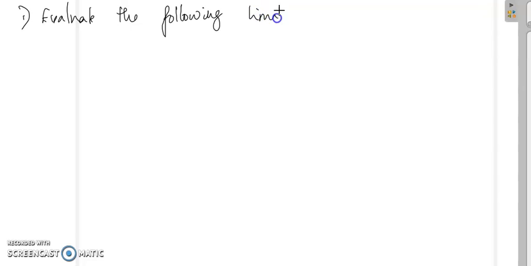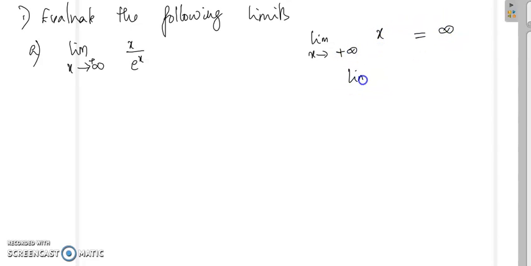So first is limit x tends to plus infinity, x by e raised to x. When you take limit x tends to plus infinity, x is infinity, and limit x tends to plus infinity, e raised to x is again e raised to infinity, which is infinity.